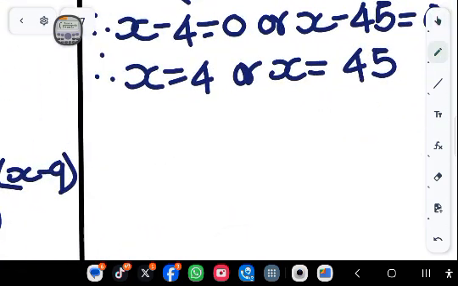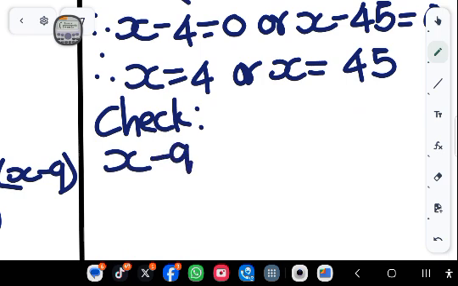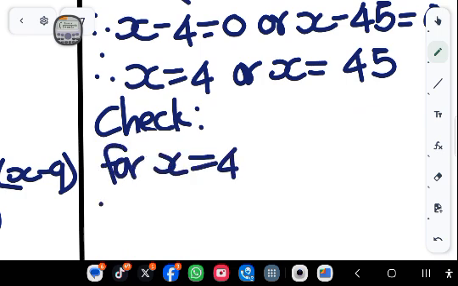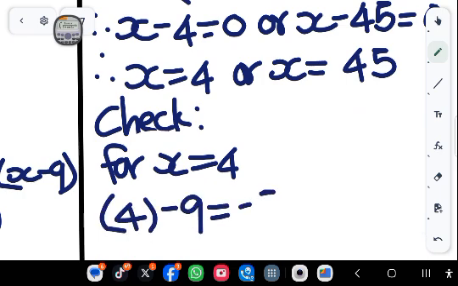Okay, let's check. x equals 4, so x minus 9 will be 4 minus 9. That will give us negative 5, which is obviously invalid.